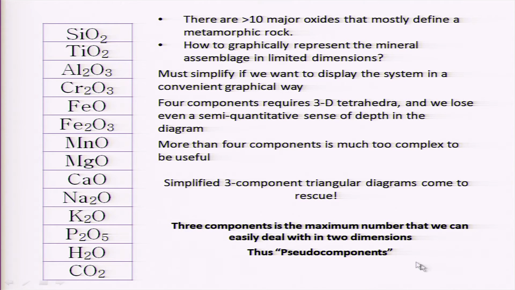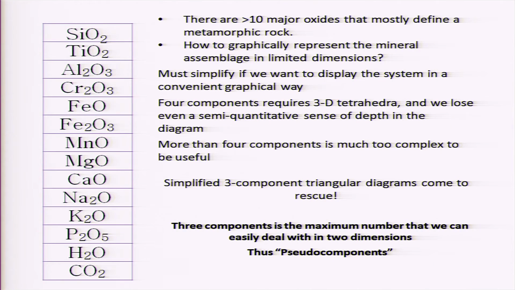What are these components? These can be SiO2, Al2O3, TiO2, chromium oxide, iron oxide, ferric iron oxide, manganese oxide, magnesium oxide, calcium oxide, and others. But if we try to draw a plot of Cartesian coordinates or barycentric coordinates of 10 components, it becomes too complex, and therefore, we need to reduce.